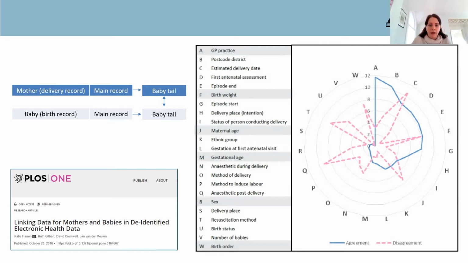And then for something like presence of anaesthetic post-delivery, which is Q here, then there's a large penalty rate for disagreement. So the way that the probabilistic weights are calculated takes into account both how discriminative a particular identifier is, but also the quality of that identifier, how likely it is to have been recorded wrong in records that belong to the same person.